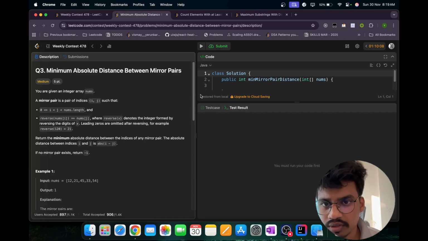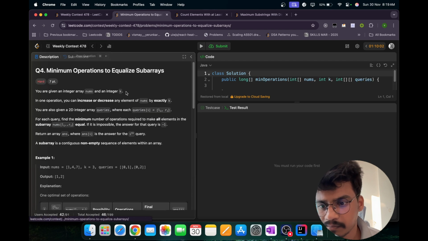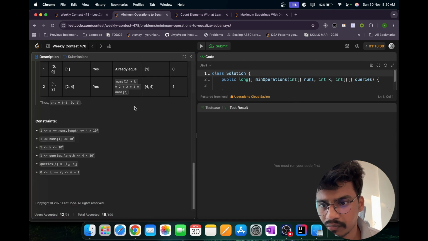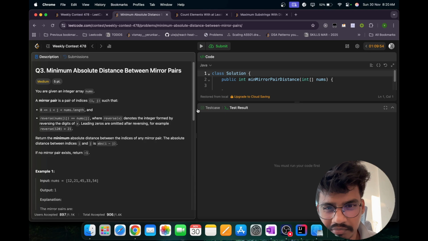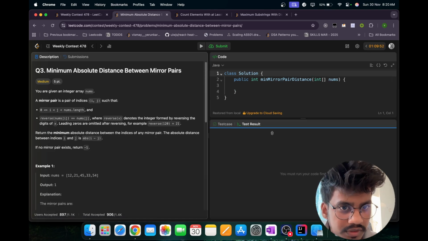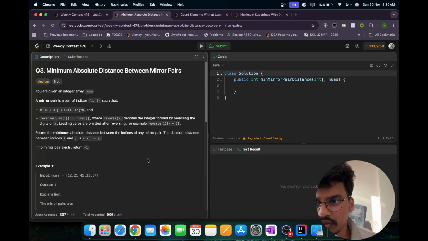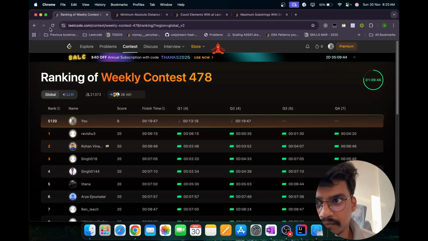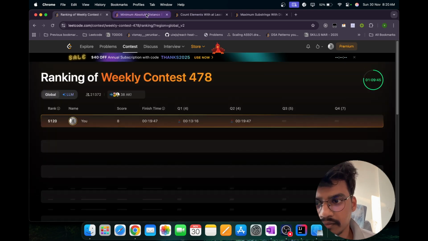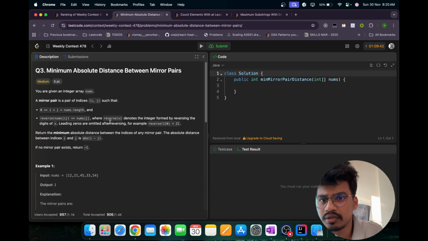Minimum absolute distance between mirror pairs. Okay. 20 minutes. The first problem took a lot of minutes. Okay, minimum absolute distance between mirror pairs.